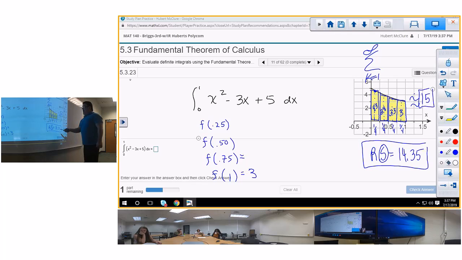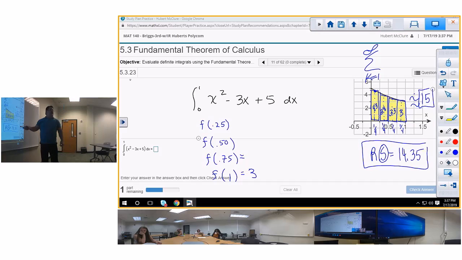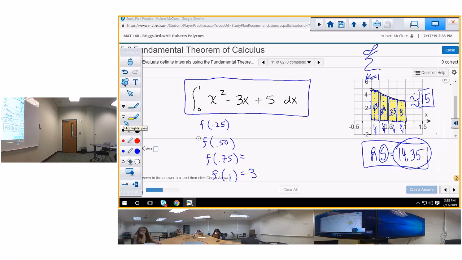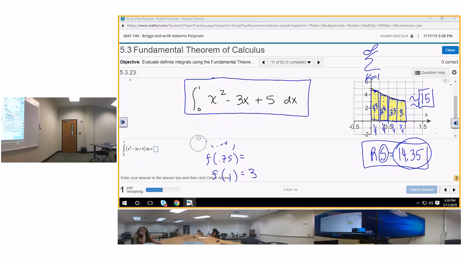We just did a Cliff Notes version of Riemann sum, and we've got an estimated area of 14.35. The real detailed area is the antiderivative. So how do you do it?